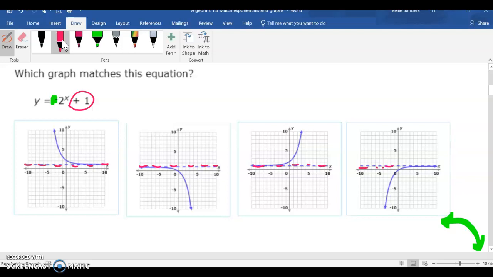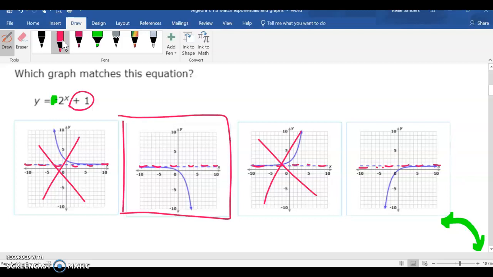Well, all of these have a horizontal asymptote at 1, okay. It's going to go down, where it's going to be below the asymptote. And then, yeah, this one.